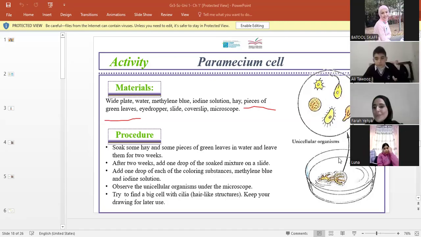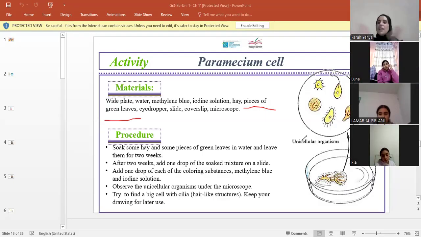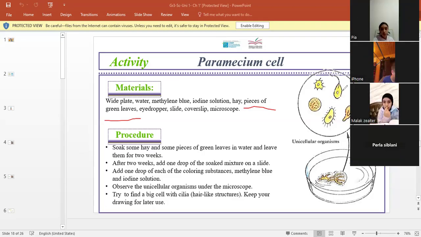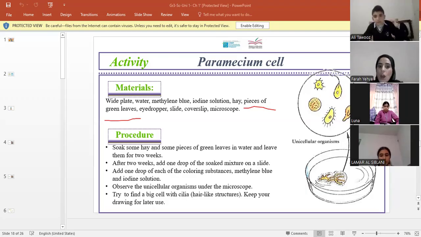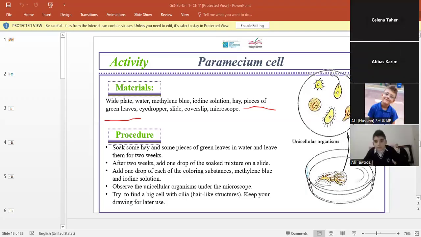Excellent. This is what we need. We put it in the closet in order to protect it from the light, to prevent the light from entering. Then we have to leave it for 1 week, 2 weeks, in the closet. We have to protect it from the light.